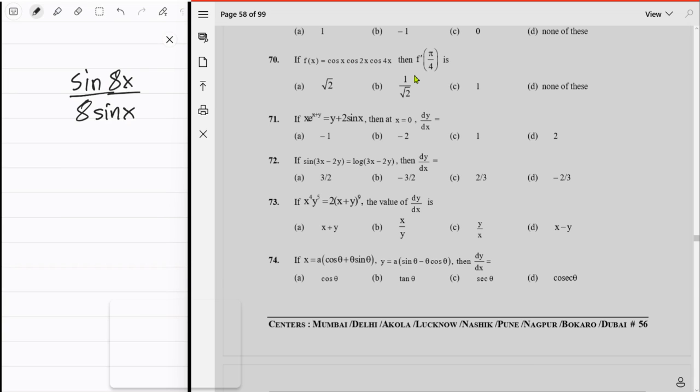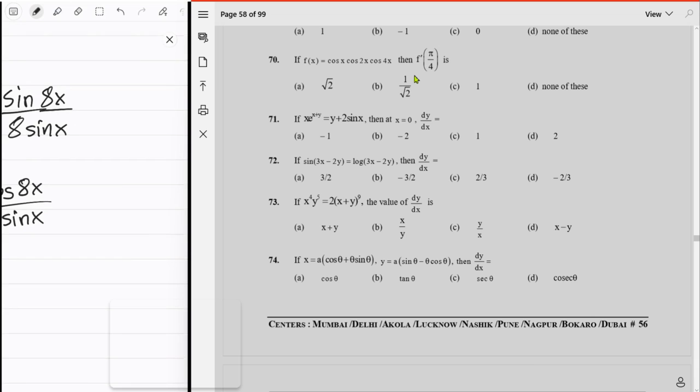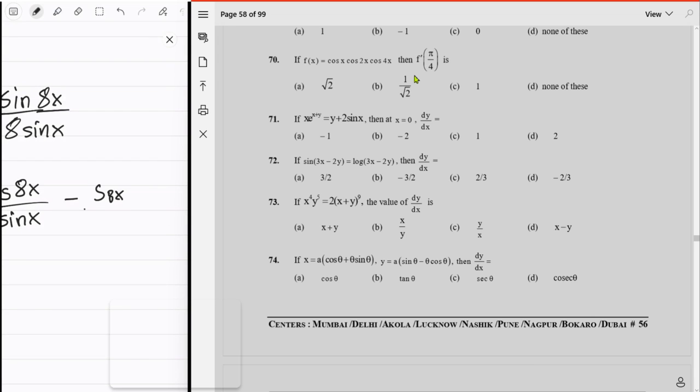Fine. Let's try to do it. So just cosine of 8x upon, that times 8 of course, just sine x, and then minus sine of 8x upon 8 sine square of x cosine of x, right?